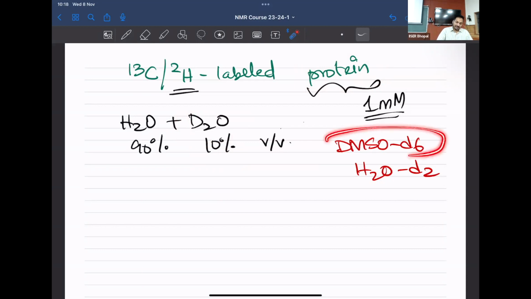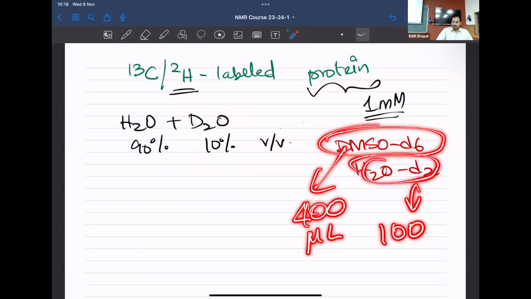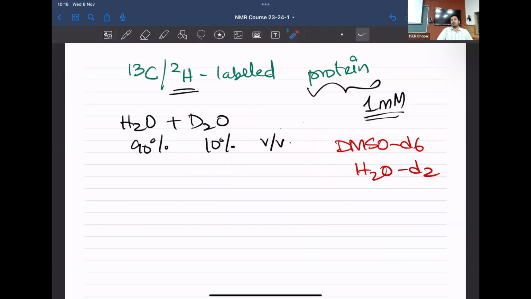For instance, in this case, let's say that you have 400 microliters of DMSO-d6 and say 100 microliters of D2O. You would realize that the D2O signal is still going to be lesser, because you have 6 deuteriums here versus two deuteriums here, right? So therefore, it would just make sense to go with DMSO-d6.